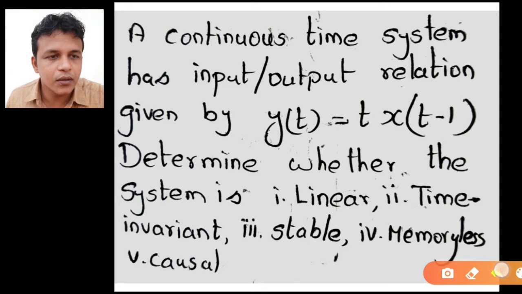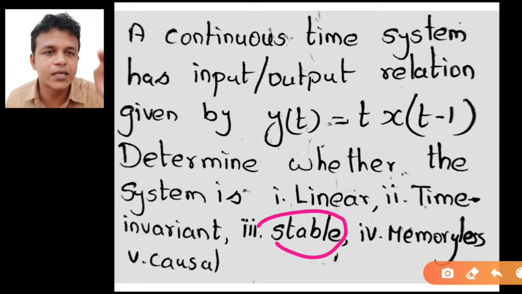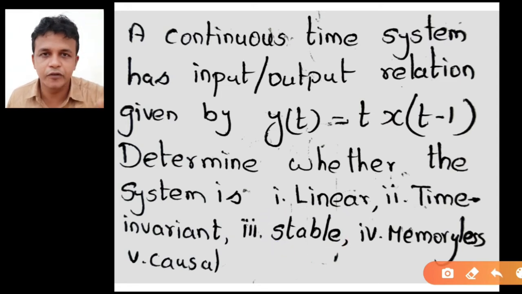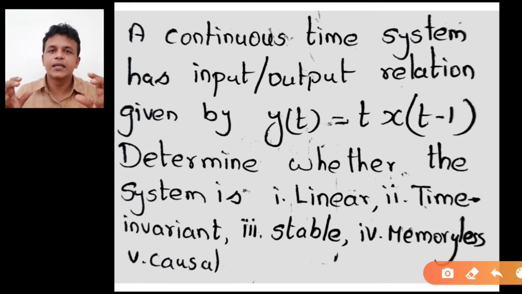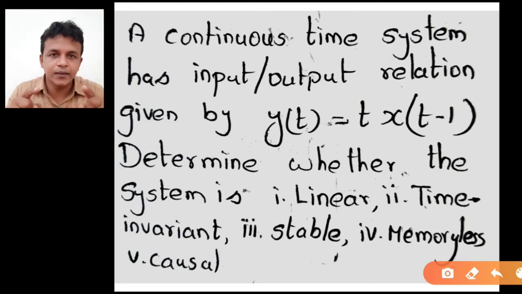Now looking at the stability as t tends to infinity. Stability means bounded input should produce a bounded output. That means the amplitude of the signals, both input signal and output signal, should be finite as the time t tends to infinity. This is what we mean by bounded input producing bounded output for the system to be stable.